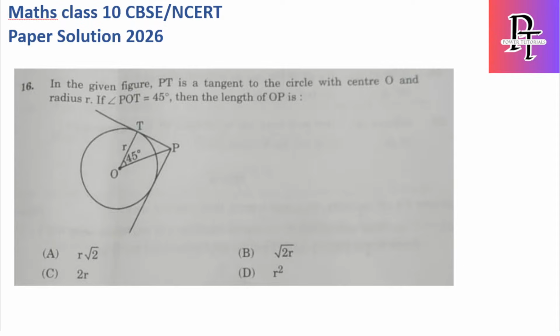So I'll simply write this triangle which is OTP. If I write, the right angle is at T. So I'll write this as T, this is O, and this is P.